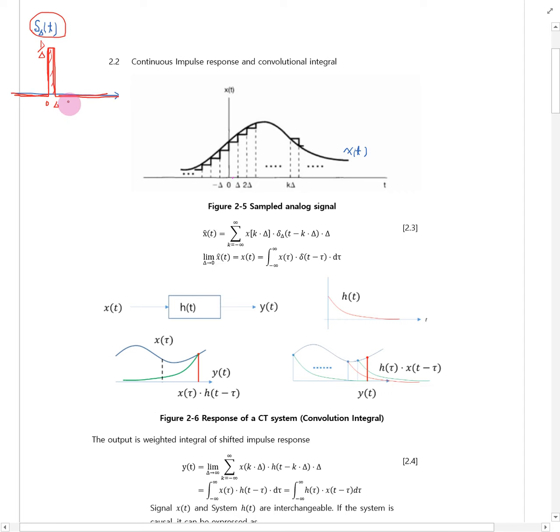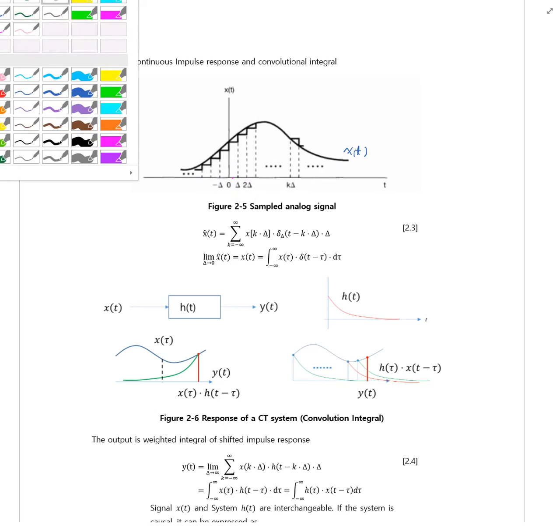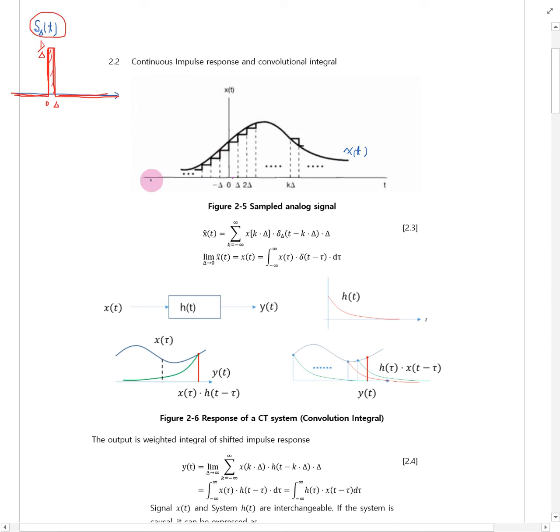By use of this impulse, we can sample the x(t). For example, let's consider this impulse. This impulse is all the way 0 and non-zero in between 0 and delta. So the time step is delta.